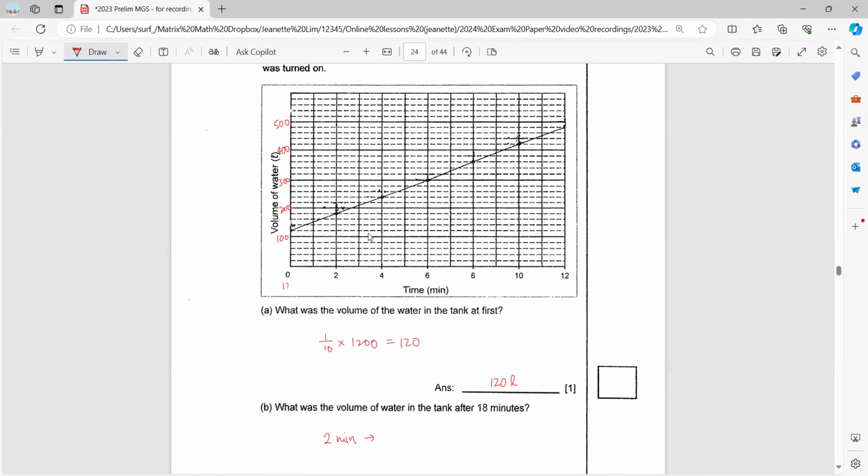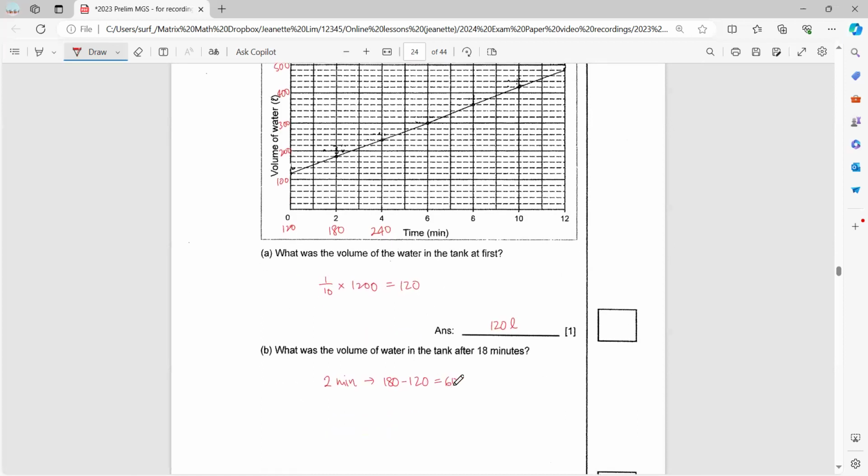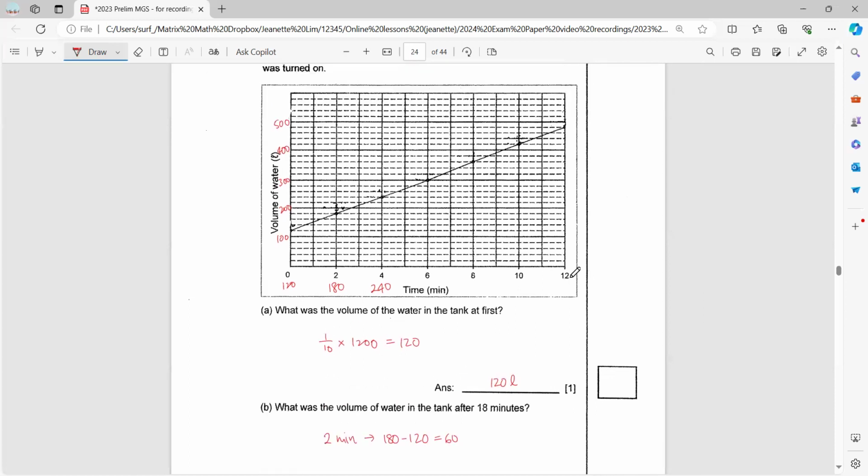This is 120, then this is 180, followed by 240. So the increase is from 120 to 180, so 180 minus 120 is 60. Every 2 minutes is an increase of 60 liters.